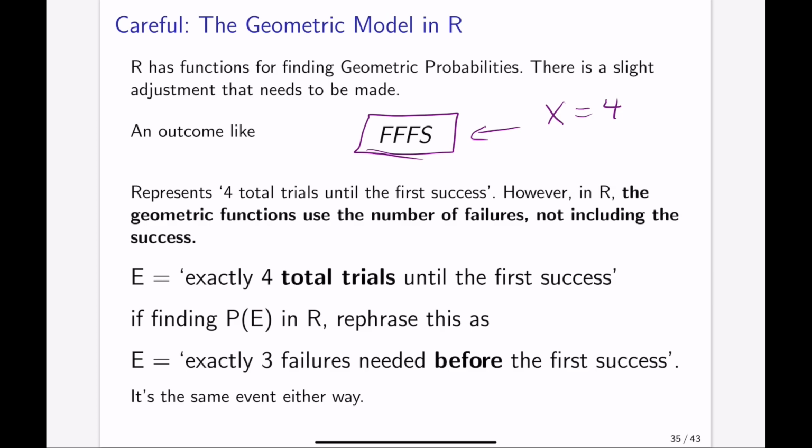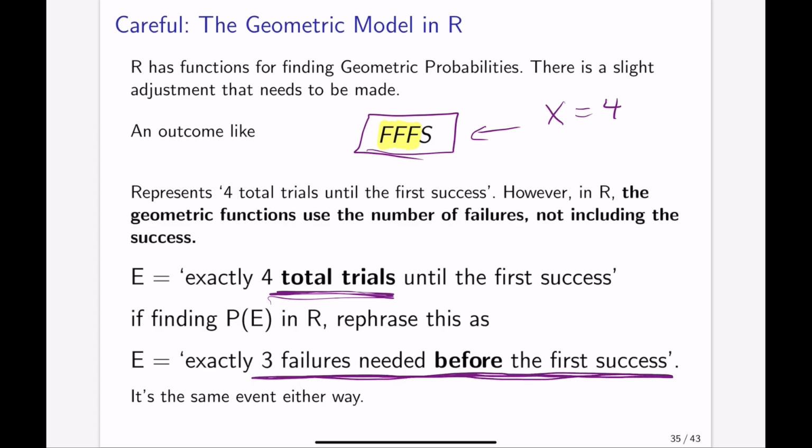But the count that R uses in all of its functions, I'm not totally sure why, but it is what happens, is that R wants to know not the total number of trials, but just the number of failures that you needed. So if you saw 4 total trials, in R you're going to say that's the same thing as seeing 3 failures before we get the success.